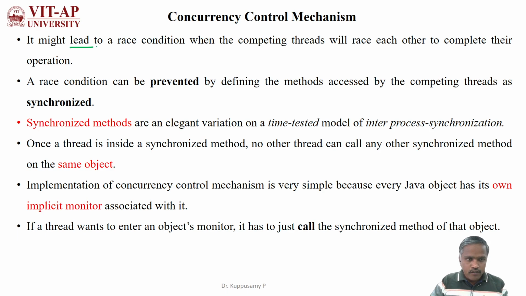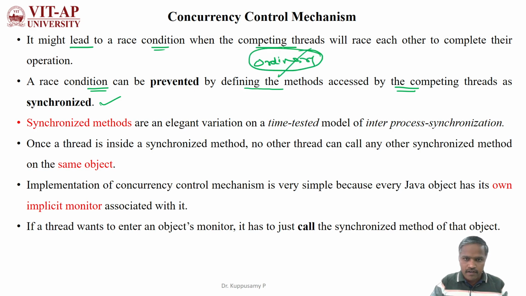It might lead to a race condition when the threads are competing for CPU time. The race condition can be prevented by defining the methods accessed by competing threads as synchronized methods. That means we define the methods from ordinary to synchronized methods.